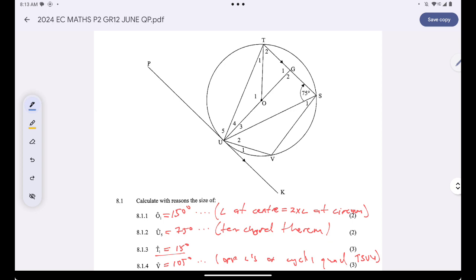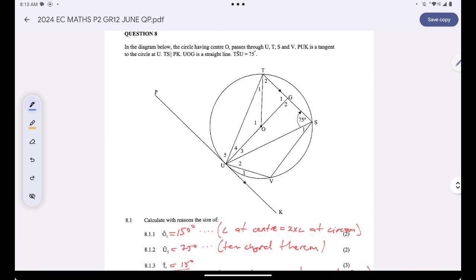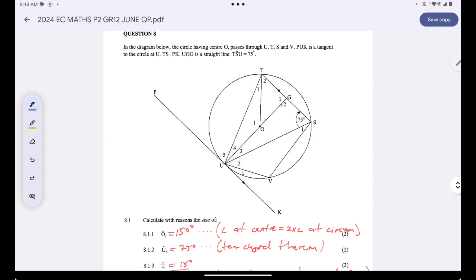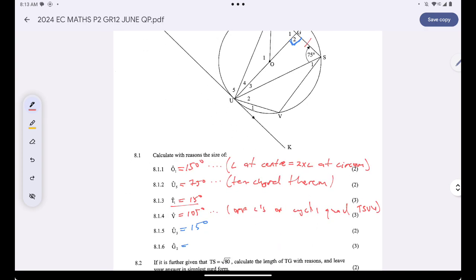We already used the angle at center, but now we know that we can use the other theorem, right? Because it simply states that if a line drawn from the center is perpendicular to the chord, that line bisects the chord. So now I know for a fact that TG is equal to GS. Right, together.